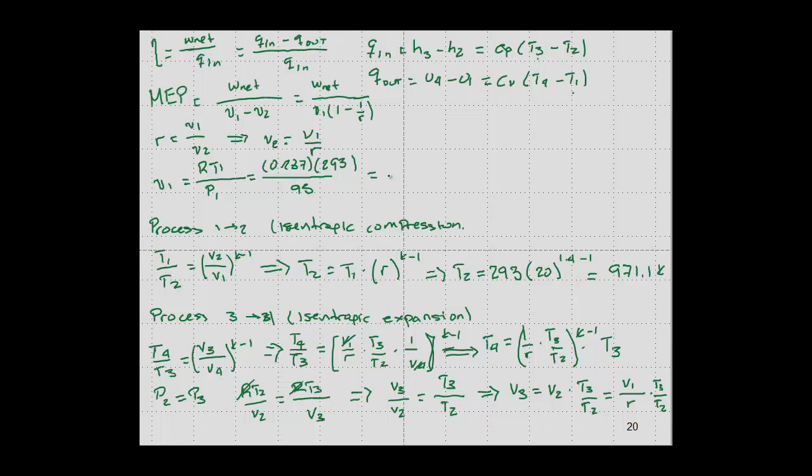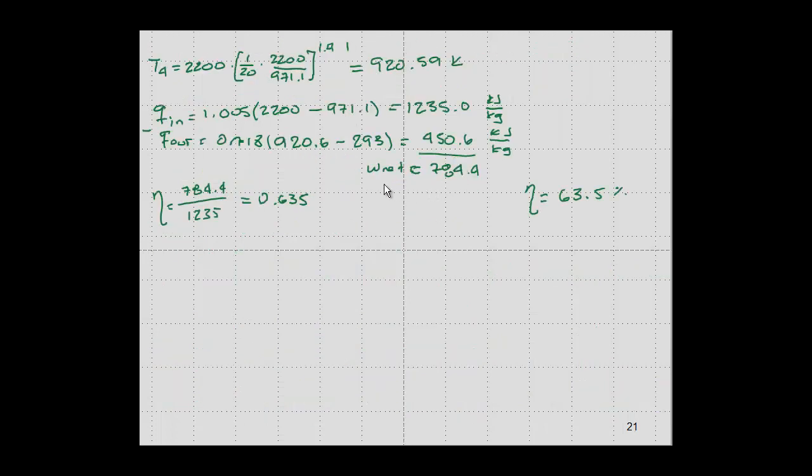So we have 0.885 meters cubed per kilogram. So that's our specific volume.